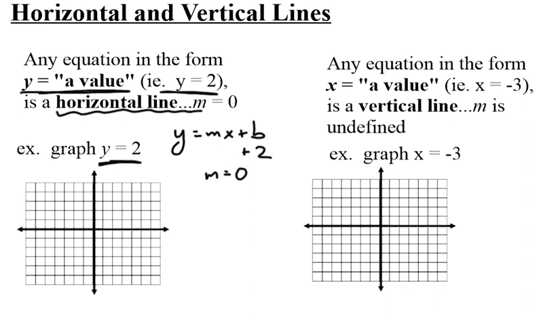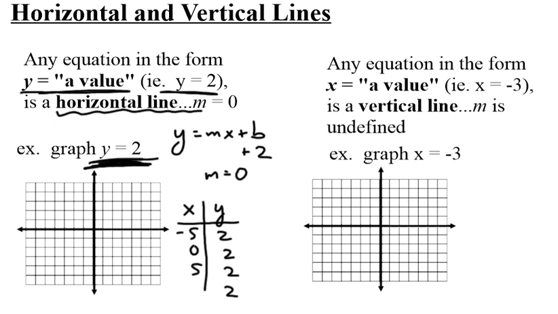So the other way I like to think of this, if y equals 2 and I do a table of values, I know that y has to be 2 in every situation because it says y is 2, which means my x could be anything, negative 5, 0, 5, whatever. But at negative 5, y is 2.